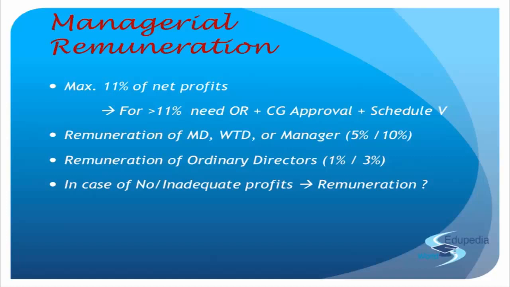Understand, remuneration can be a percentage, it can be a monthly payment. If the remuneration is a percentage of net profit and you don't have any net profit, do you get any remuneration? No. Even 80% of 0 is 0, 100% of 0 is 0, and 2% of 0 is 0. No profit means 0. Any percentage of 0 is 0. But sitting fees are not a part of remuneration, so yes, you would be getting those sitting fees.